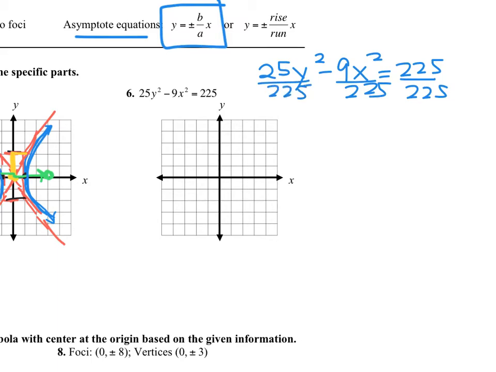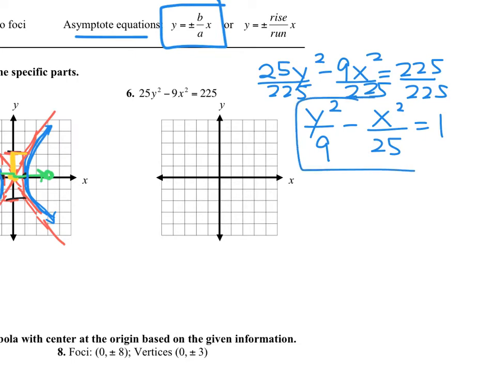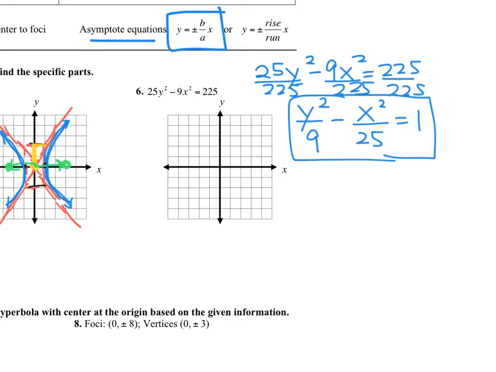Make sure you reduce your fraction. 225, it's probably 9, isn't it? It is. Okay, so it's y squared over 9 minus x squared over 25 equals 1. That would be our standard form equation for our hyperbola.